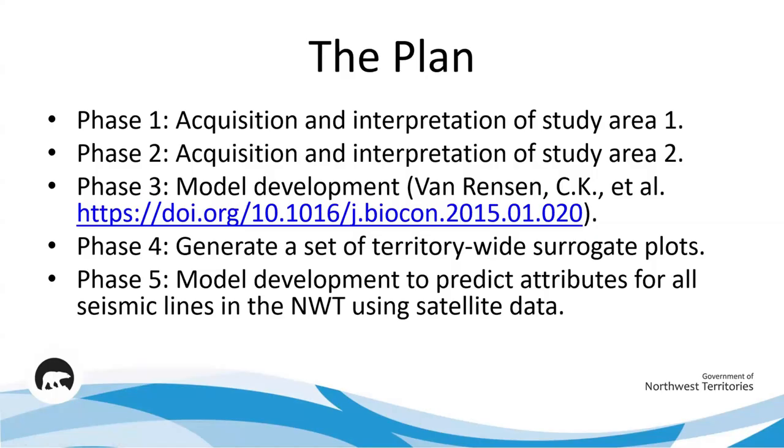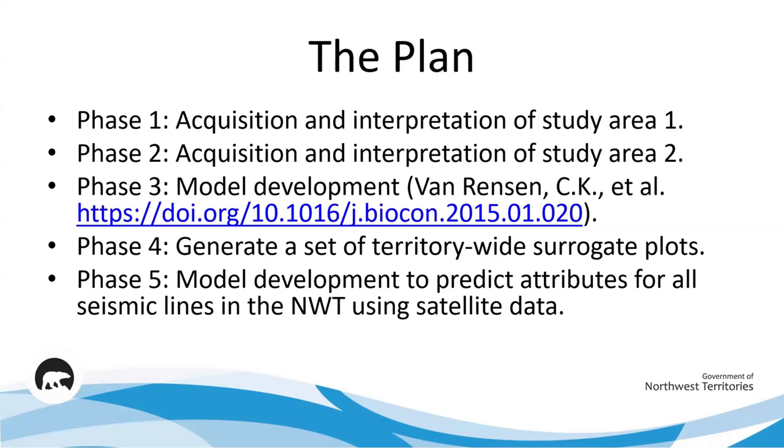The second phase is basically the same thing as phase 1, just extending our area of interest, finding a second one somewhere else in the territory to grow our data set, which is going to be used in phase 3 to develop a model that can predict forest attributes along the seismic lines. We're really following what's been done by Van Rensen up until this point in northern Alberta.